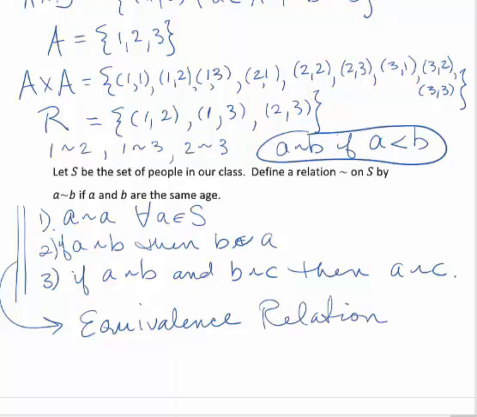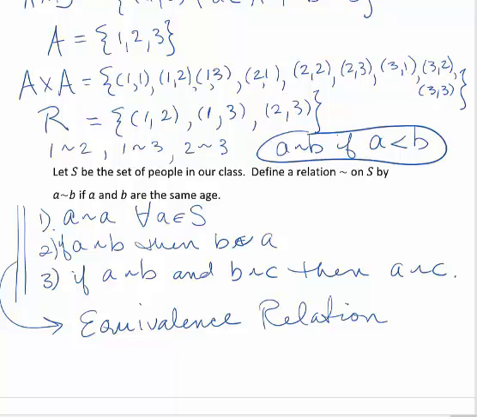If you look at the relation that we first spoke about, the subset of A cross A containing just 3 ordered pairs, notice each element is not related to itself. 1, 1 is not there, 2, 2 is not there, 3, 3 is not there. And also, if A is less than B, then B is not less than A. So number 2 does not hold.